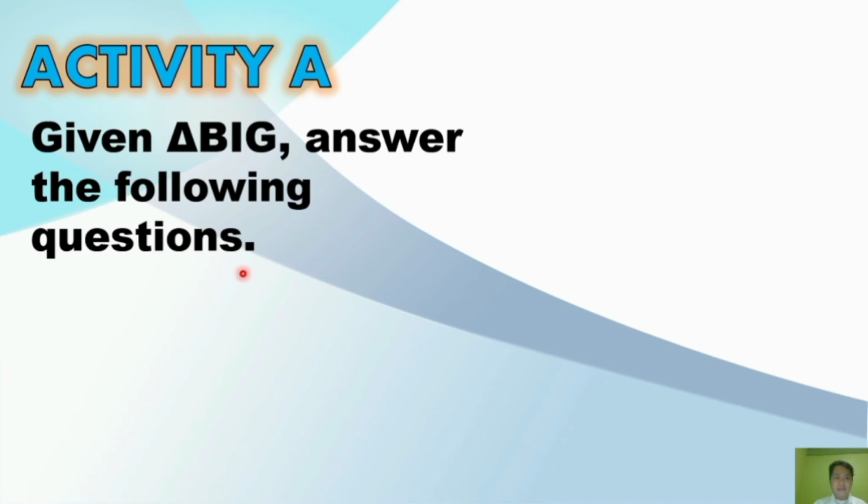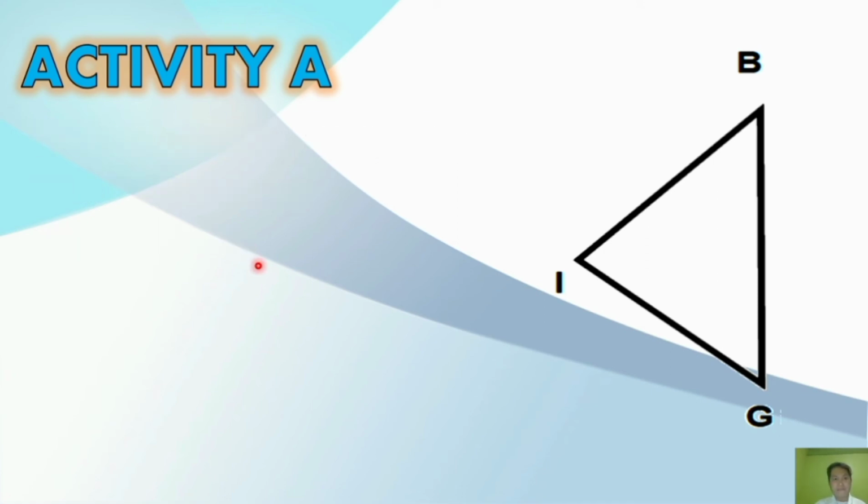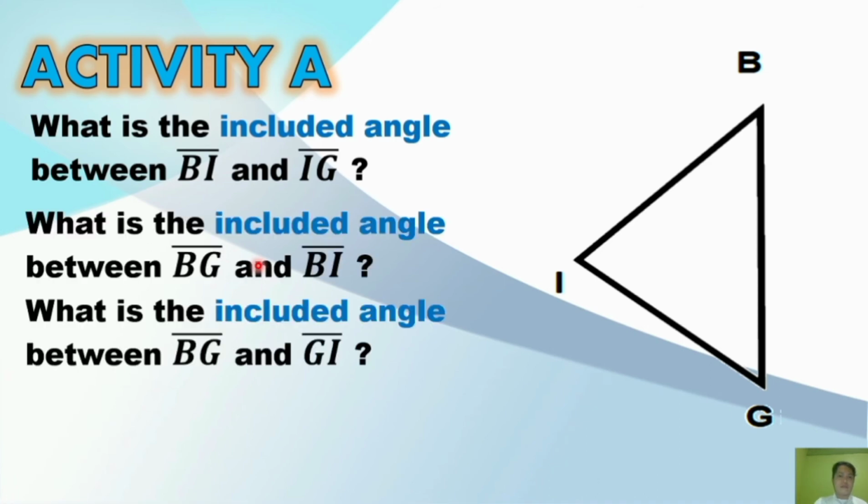Given triangle BIG, this one here is triangle BIG, we need to answer the following questions. And here are the questions. Okay, so these are the three questions. I'm giving you 3 minutes.